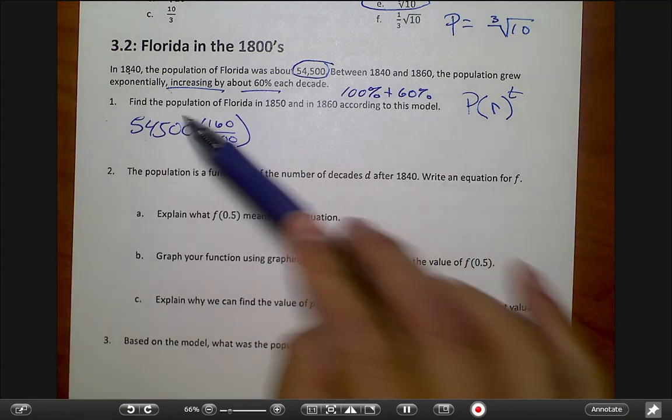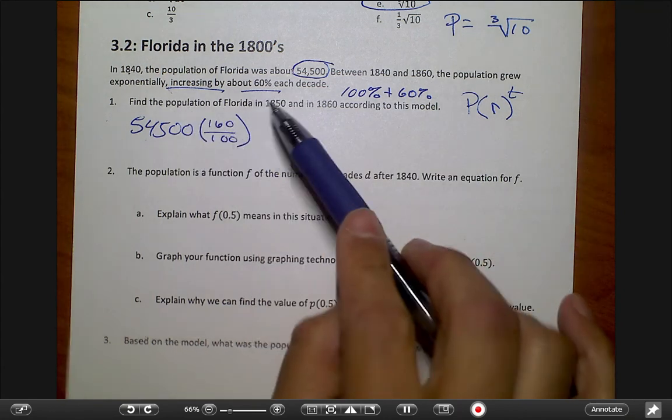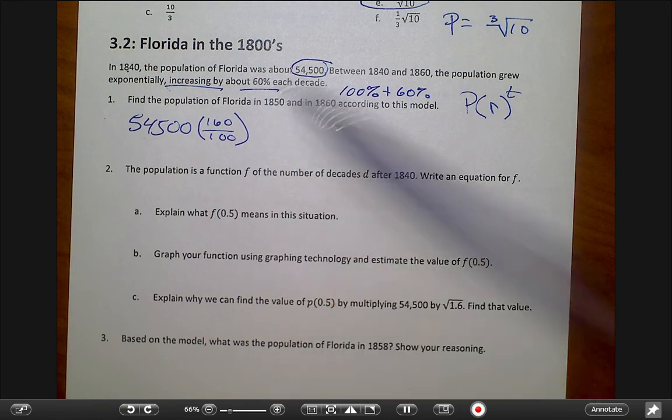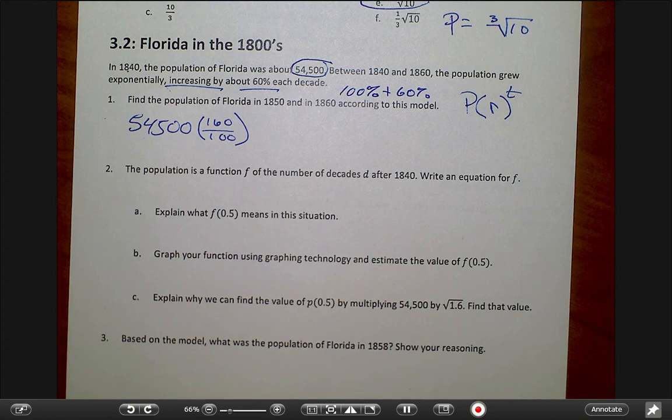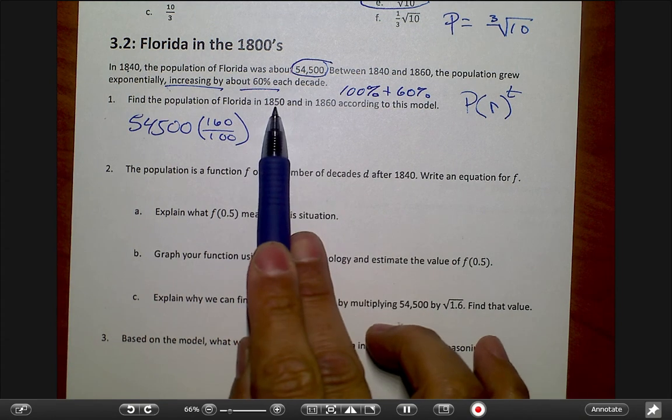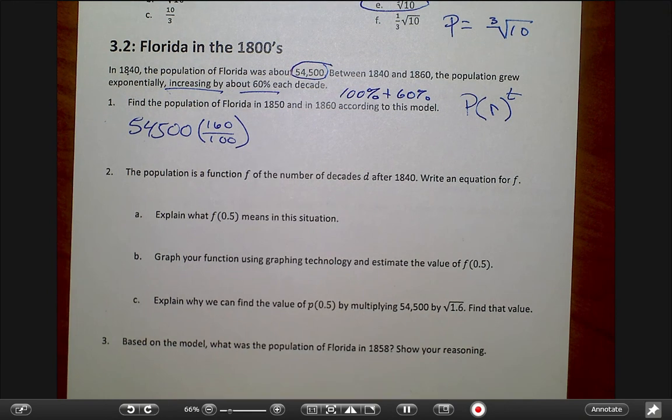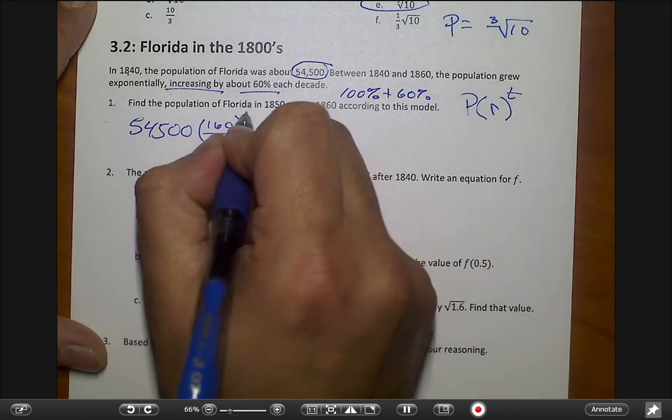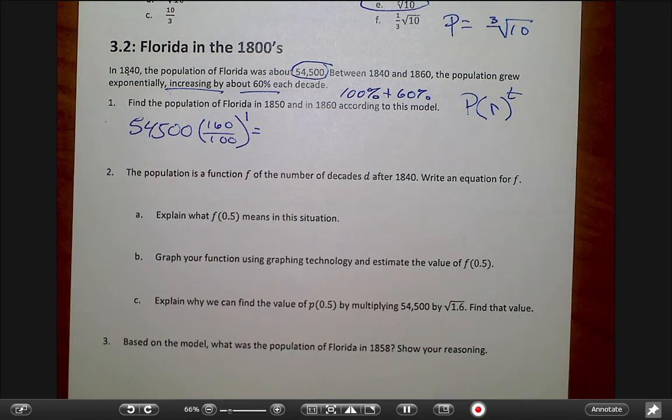And in what year are we going to start with? 1840. Okay, we're starting with 1840, but then we're doing 1850. So what is my T going to be? It's 1, because it's 1 decade, right? It's 10 years, which is 1 decade. All right, so let's go ahead and try and solve for this, please.